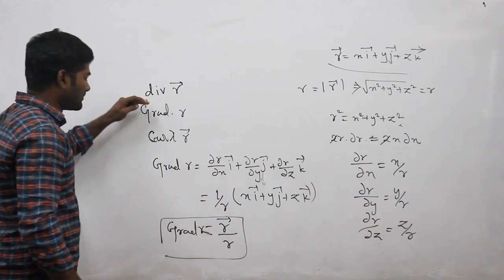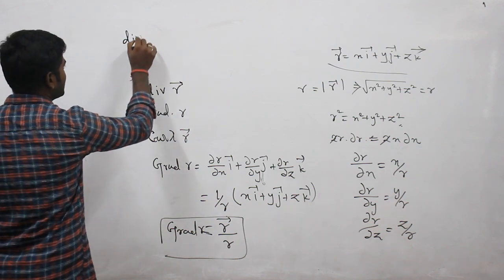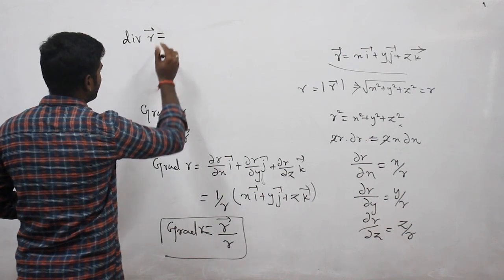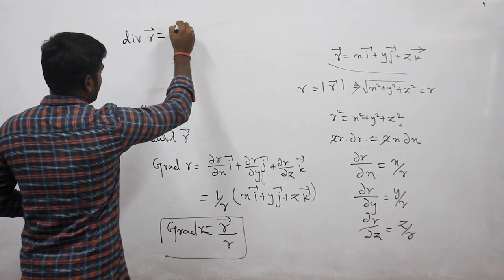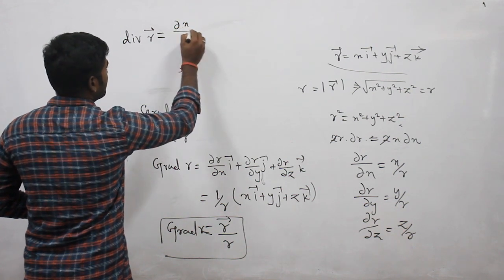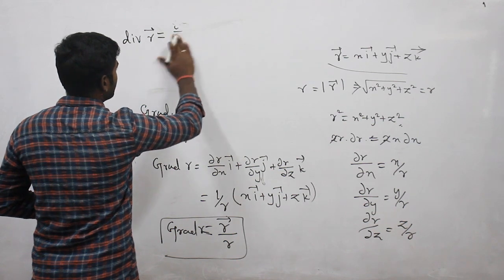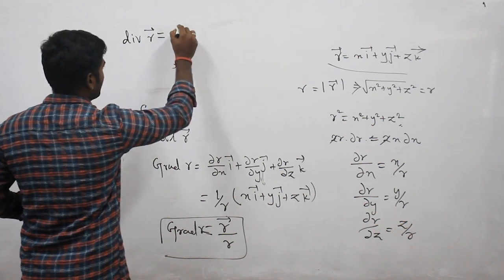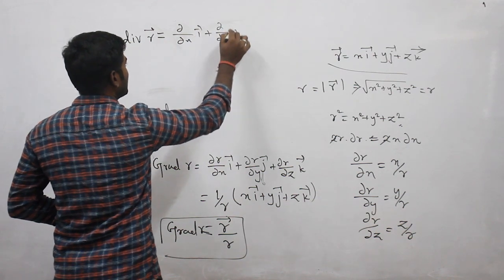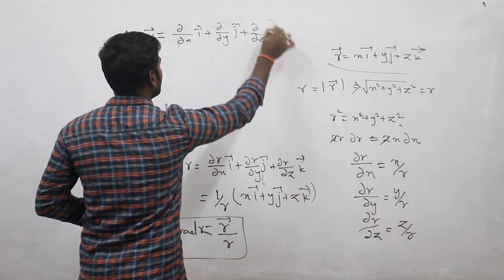Now in this problem they are asking the divergence of r. You know how to find the divergence of r. The divergence of the r vector is ∂/∂x i vector, ∂/∂y j vector, ∂/∂z k vector dotted with this r vector.